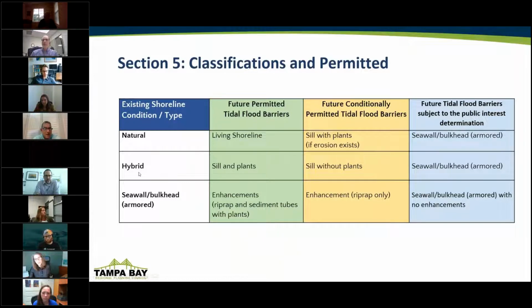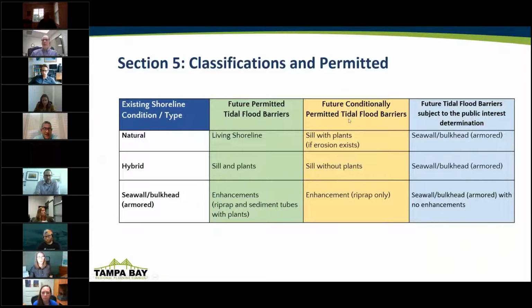If you had a hybrid, with the rocks in front and something going on, we wanted to encourage you to continue to do those things. And if you already had a hardened seawall, then to rebuild, you would have to do a lot of enhancements. So the whole thing works its way across.